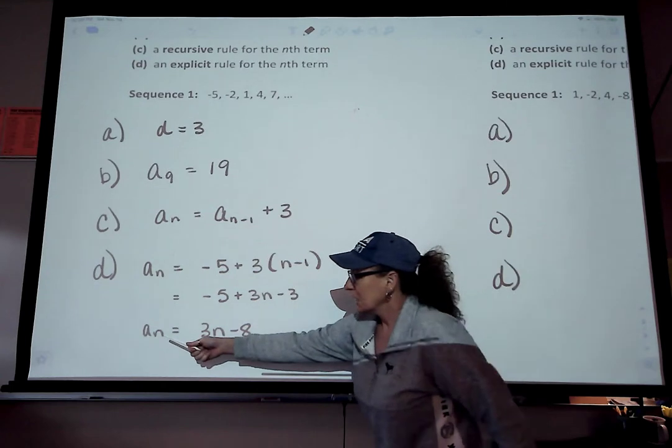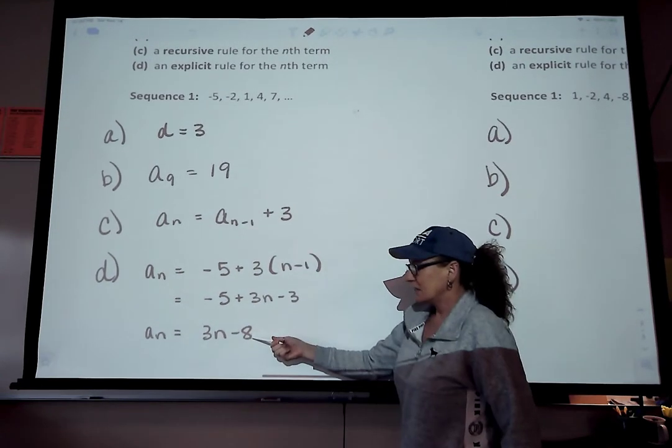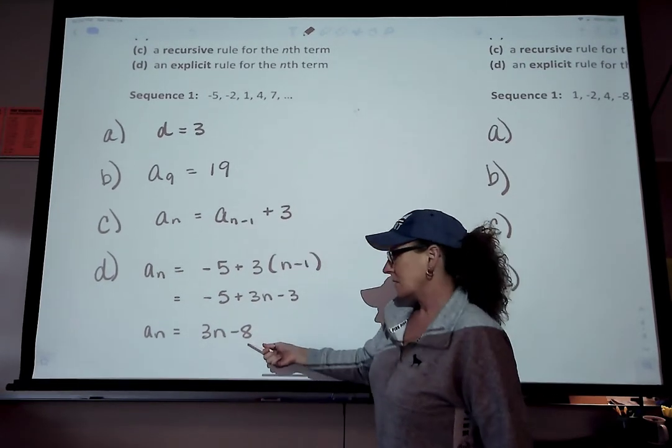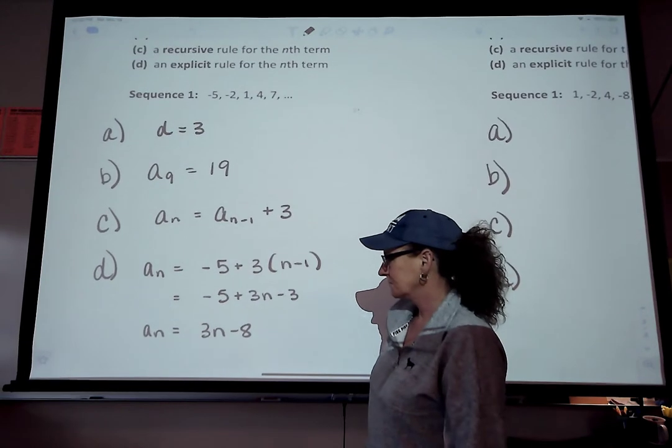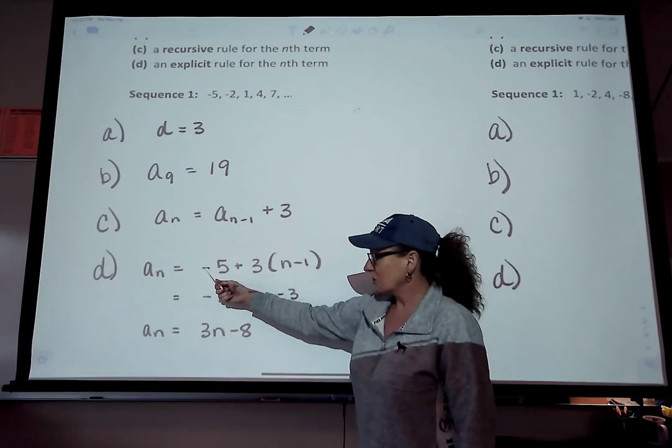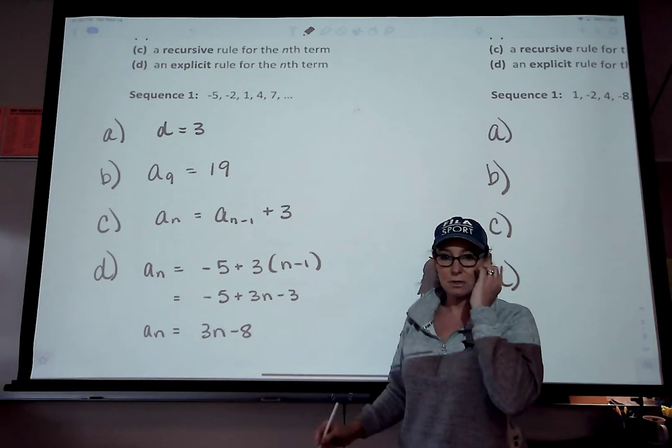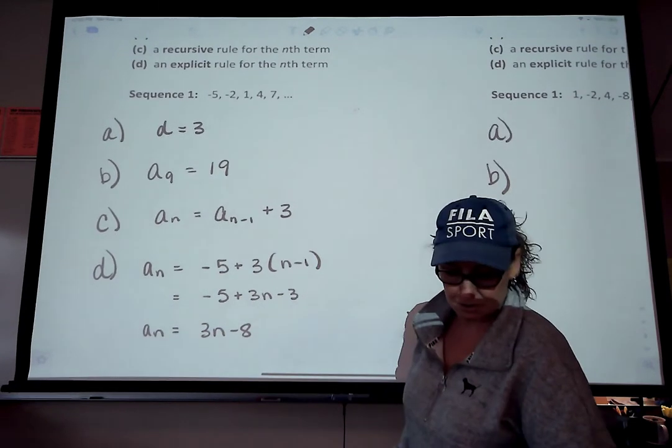There we go. Here's the explicitly defined equation. Did I have to start here to get it? Did I have to start with this one? No, you didn't. 3n minus 8.